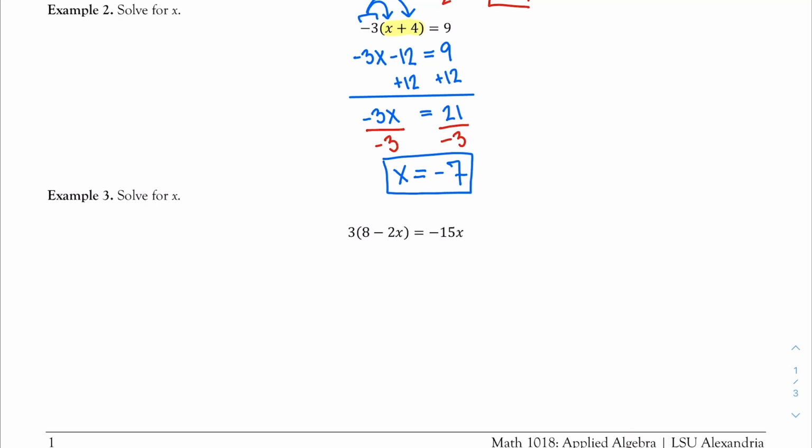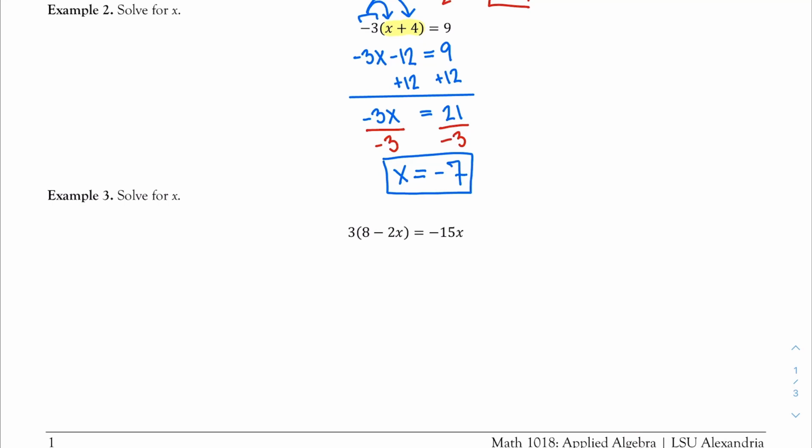One thing I want to point out, notice that I did not mention step 5. In example 1, I actually forgot to include that step 5. But let's do that for this example 2. Let's check our answer.